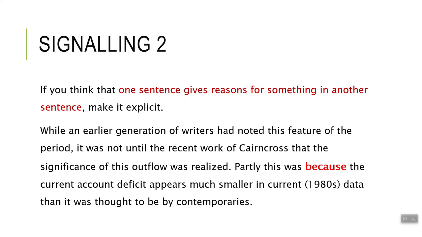It's really helpful when you're editing and proofreading your work. When you realize this particular part is not clear, then maybe I should put in a signaling word so that my reader will be clear about what I'm trying to say.